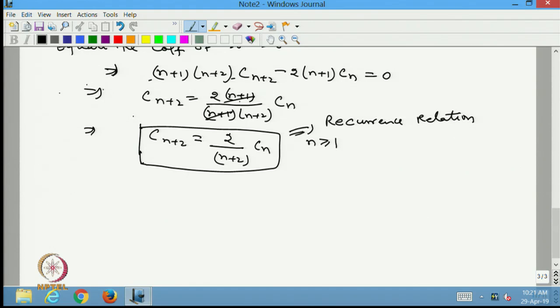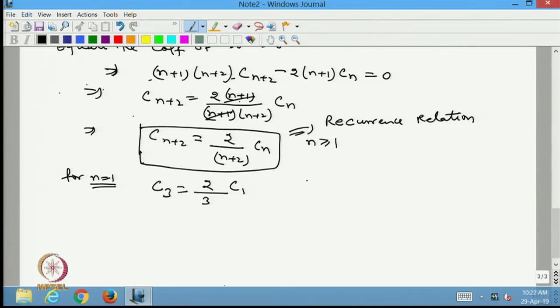So, I know that my C2 is equal to C0. So, for n equal to 1, I can write my C3 as 2 over 3 C1.